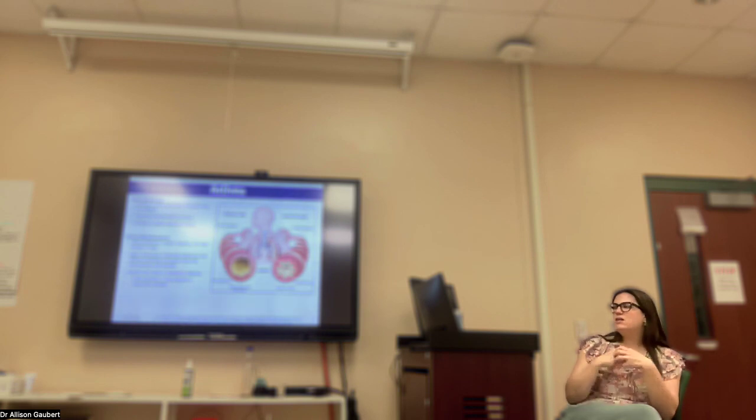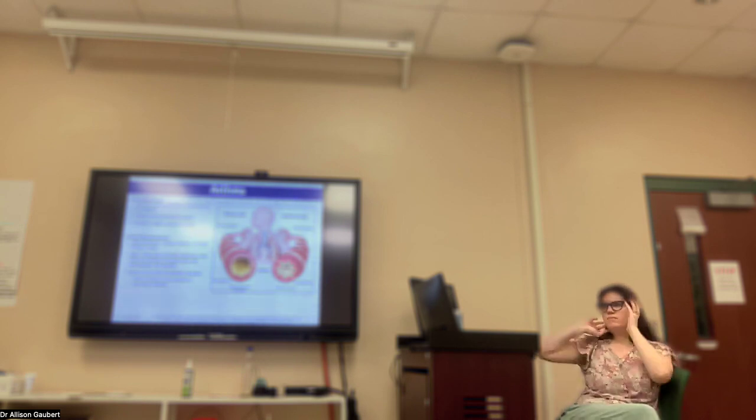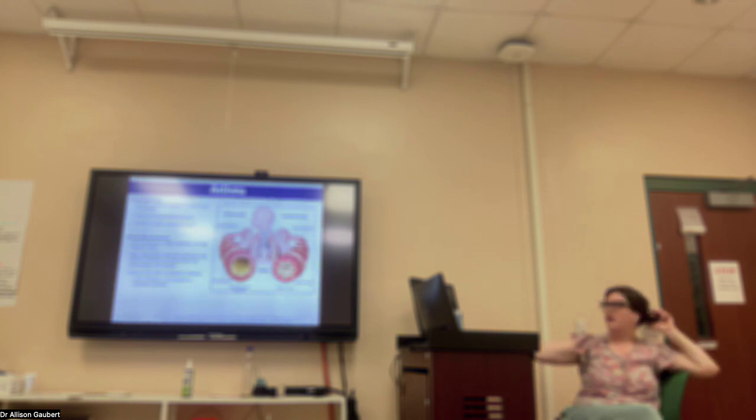Okay, so basically what is happening with asthma is that the bronchi and the bronchioles that are responsible for contracting and allowing for air exchange to happen become edematous and they can't contract and open up like they are meant to. So this can result in a partially obstructed airway, and this is just showing you the difference.